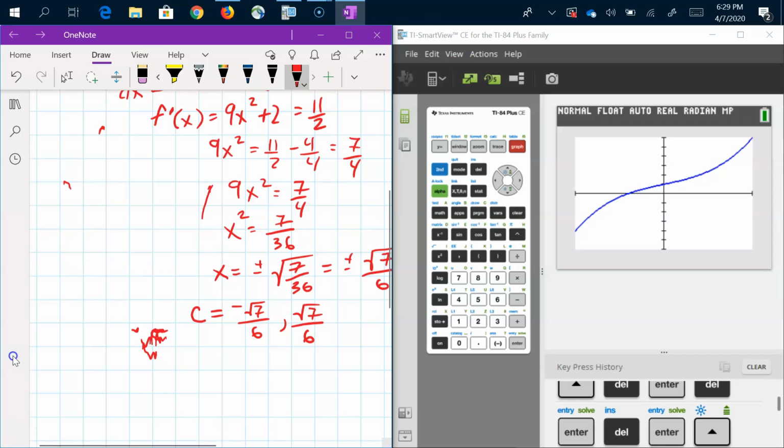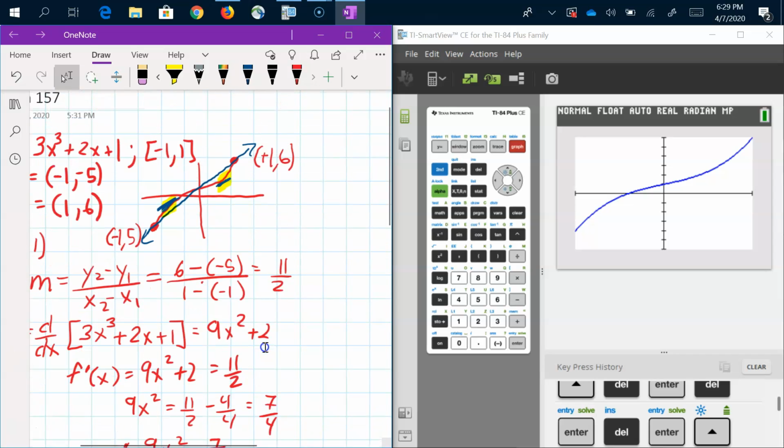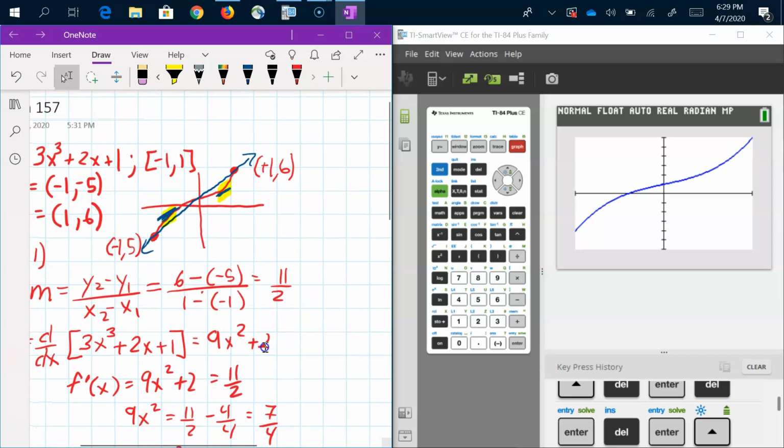And that finally completes 157. So notice here there's one spot over here at something a little bit bigger than 1/3, and somewhere over here a little bit less than -1/3.